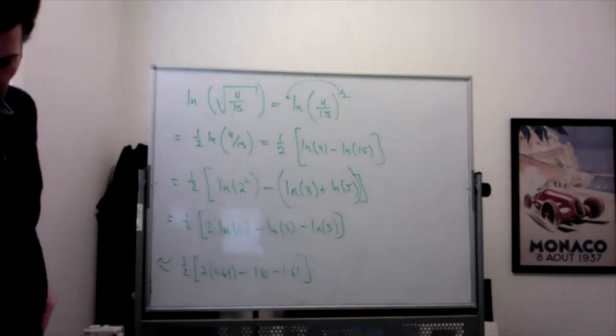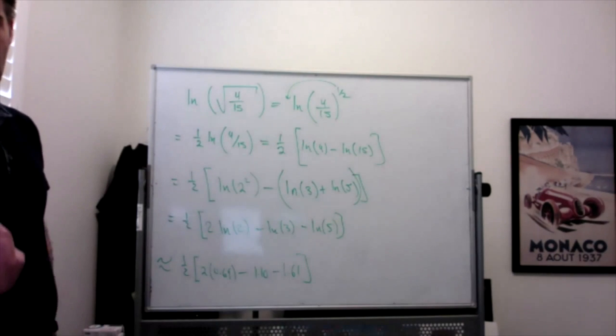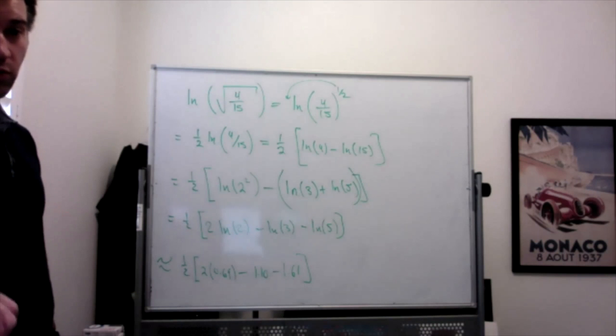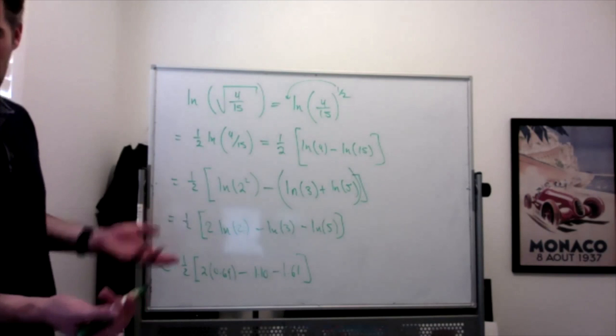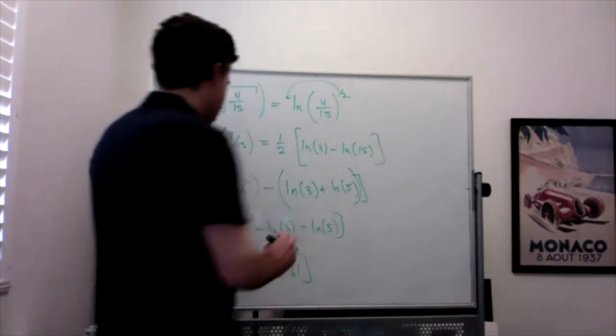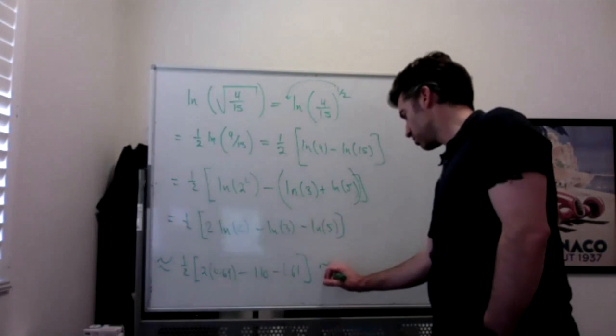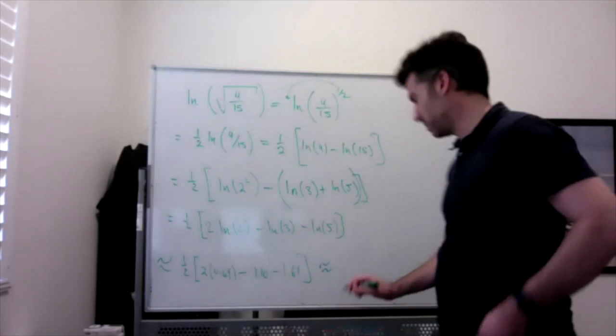I threw that into a calculator because I didn't want to calculate. Also in the notes, it was actually a cube root instead of a square root, but it's okay. This is approximately, sorry, negative 0.665.